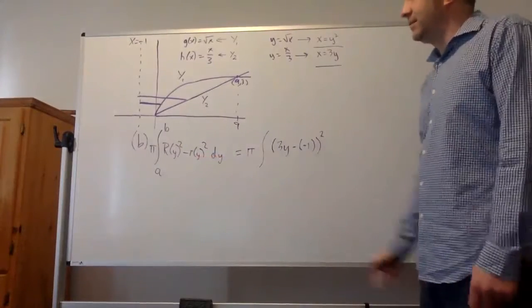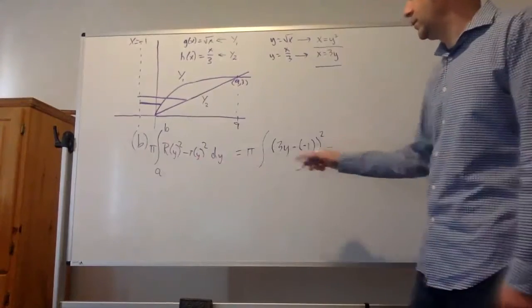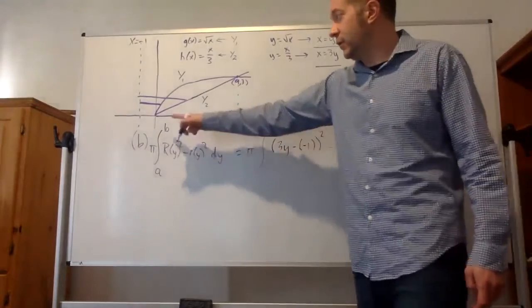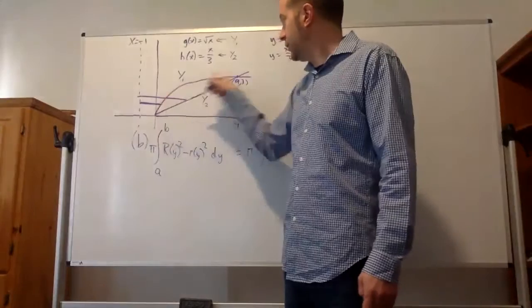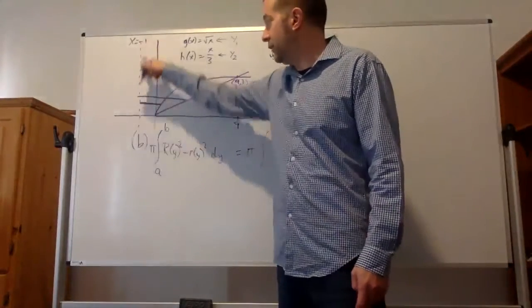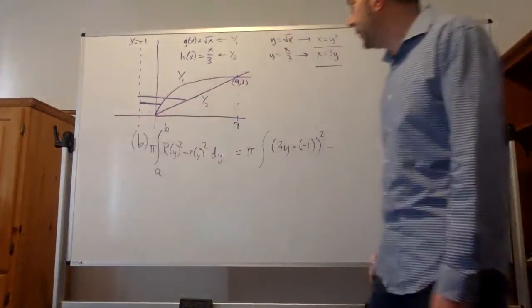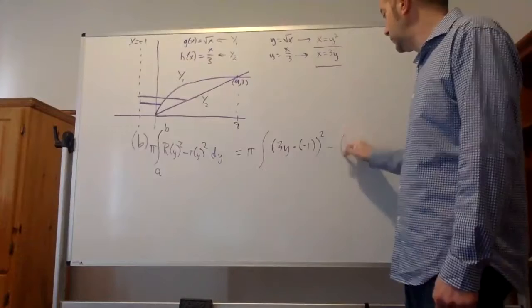I'm going to find small r by doing the same thing I did before, which is right minus left. So for little r in my picture, I can see that this is the right curve here, and this is the left curve. This one, the right-hand curve, is y equals root x.